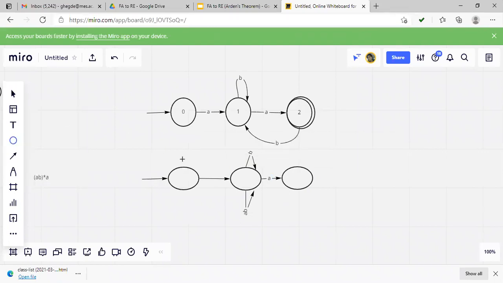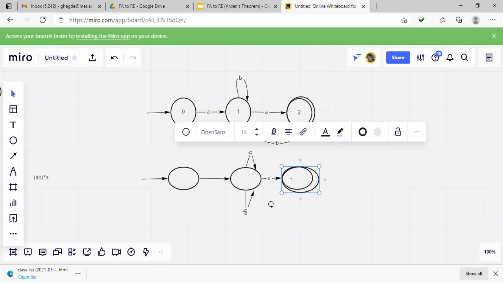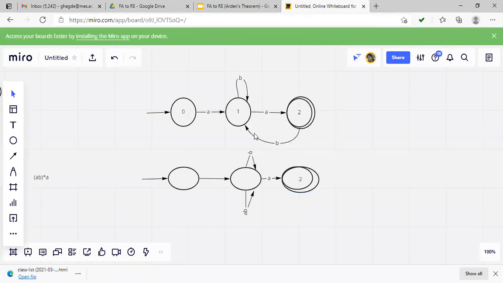Yes, right. Now tell me, do we need to draw this transition from 2 to 1? Yes or no? We shouldn't draw it. We are eliminating the loop, right?